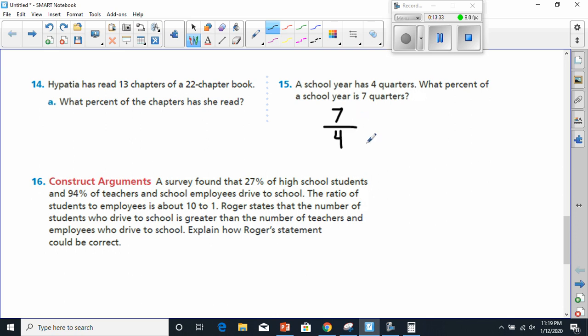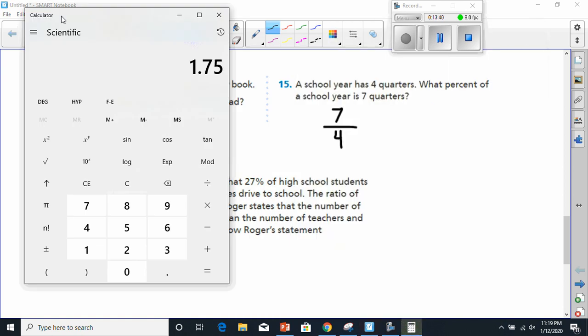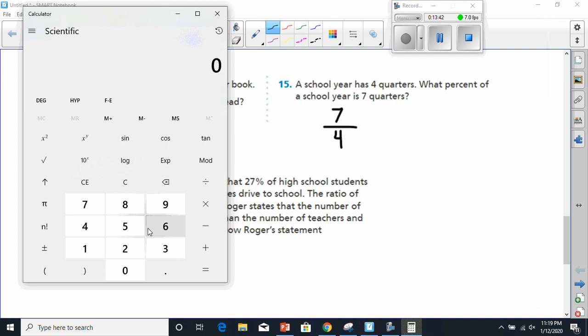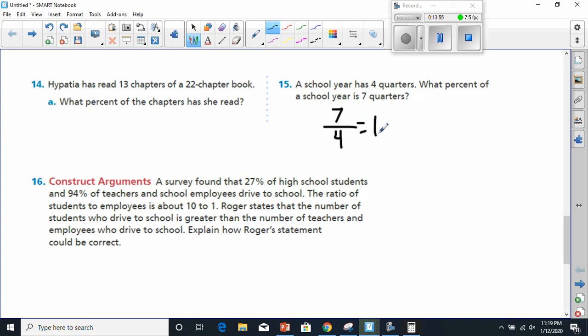Every fraction is a division problem. 7 divided by 4 gives me 1.75, and then we have to move our decimal over 2 spots because we're turning it into a percent. 1.75 becomes 175%.